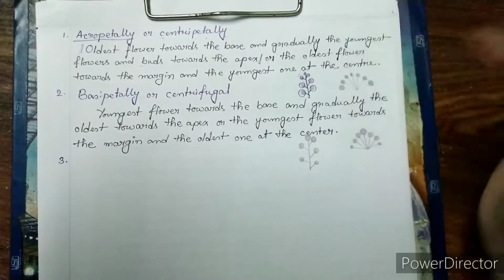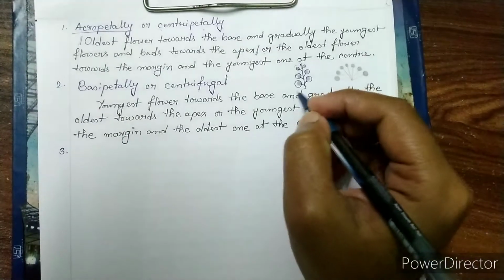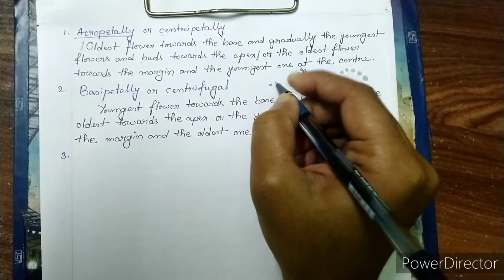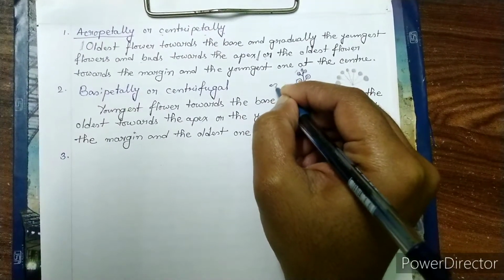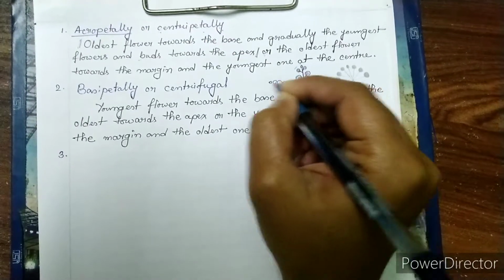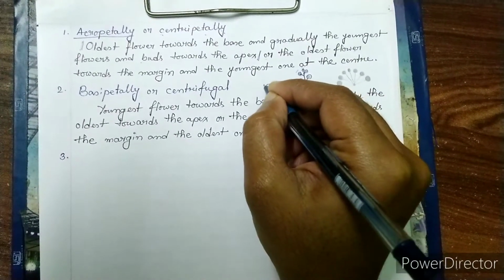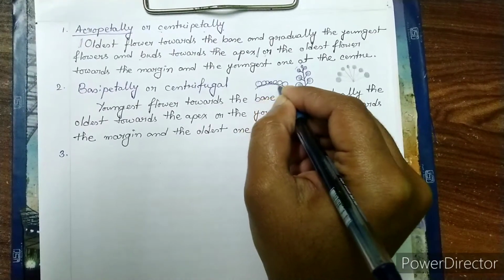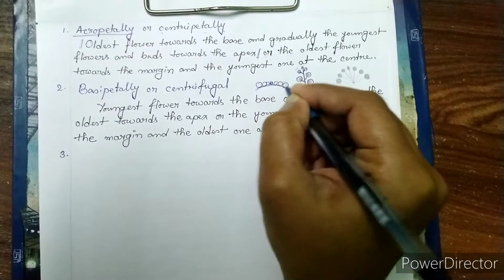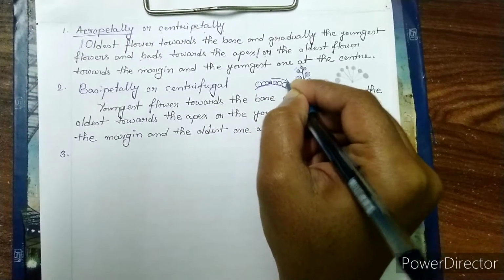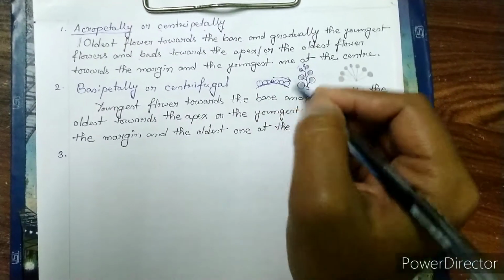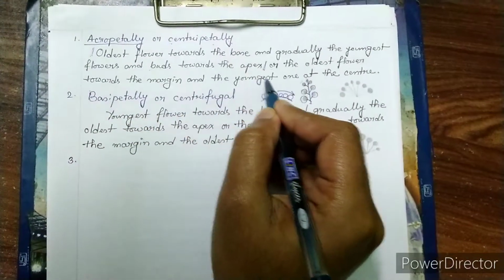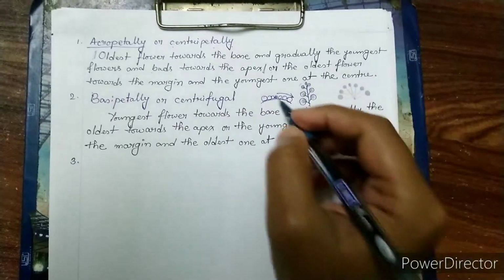If we press this, then the arrangement happens like that, small one, small one. So this type of arrangement happened. This is the small one, and it gradually changes from the center to the periphery. So the oldest flower is towards the margin and the youngest flower at the center.